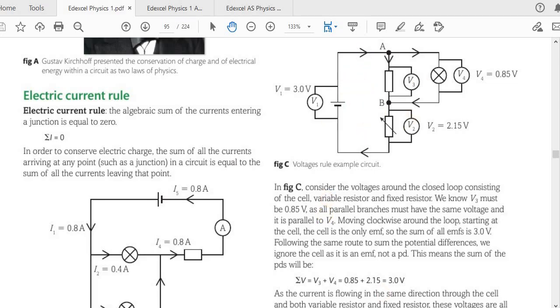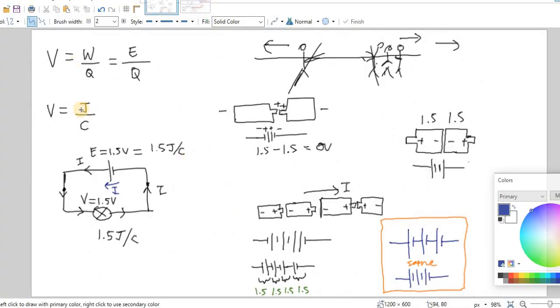Now what is V? It is the voltage. I wrote it here earlier. So here you can see this example. If 1.5 volts is the potential difference of this, then the potential difference of this will also be 1.5 volts, because they are connected like this, in parallel.